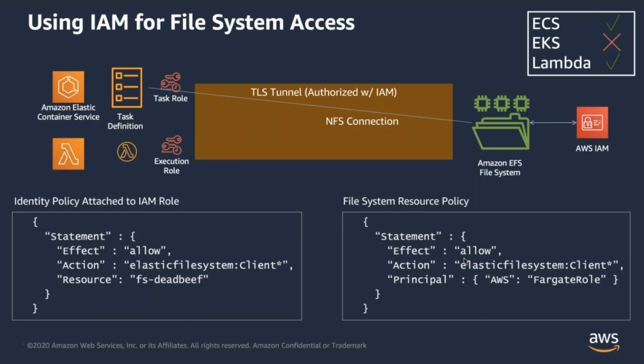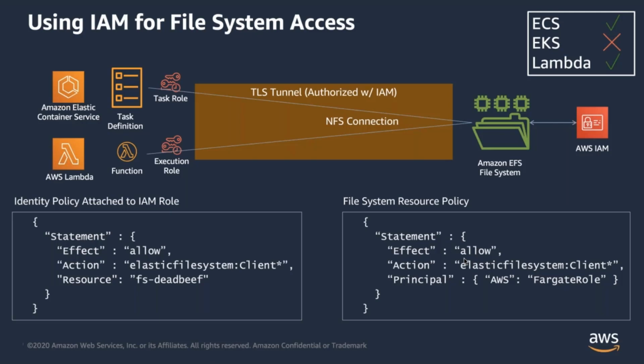So first, what we've done on the Amazon Elastic File System side is we've implemented Identity and Access Management, IAM, to allow you to define policies of which applications can connect to which file systems with which permissions.